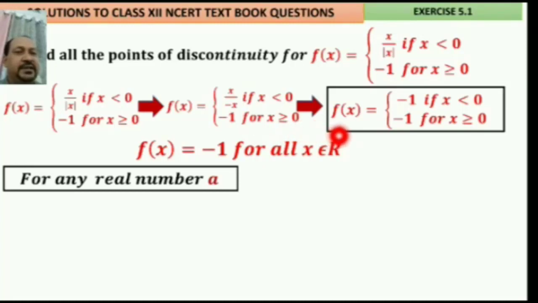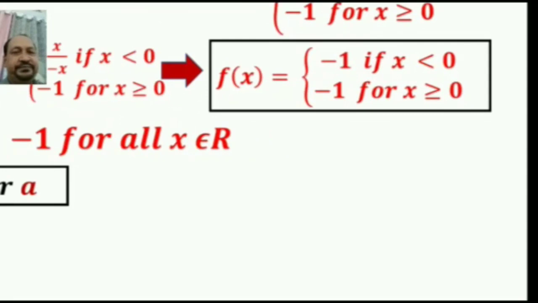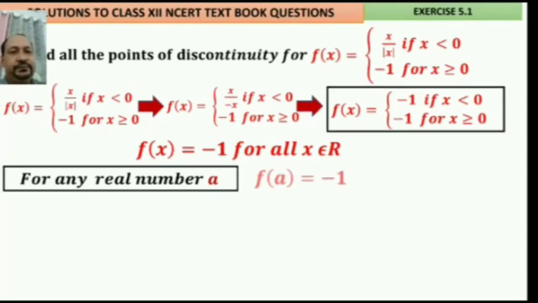Finally you will get this function f(x) equal to minus 1 if x is less than 0, minus 1 for x greater than or equal to 0. So f(x) equal to minus 1 for all x belonging to real numbers. Now for any real number a, f(a) equal to minus 1.